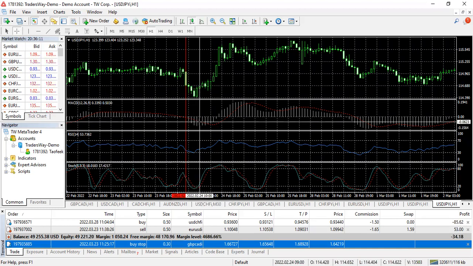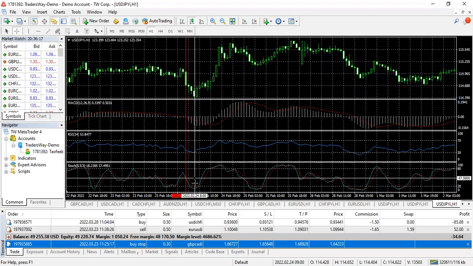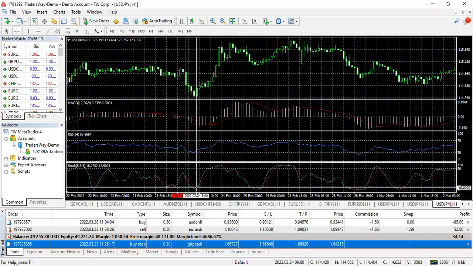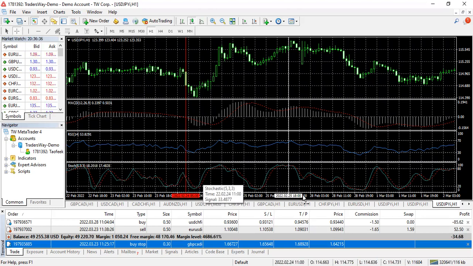This one is still telling me to buy. This one only tells me to buy like 70%. This one tells me to buy. So if I go for buy in this kind of market, then I confirm how the market behaves before I enter a trade. So that is how leading indicators work.